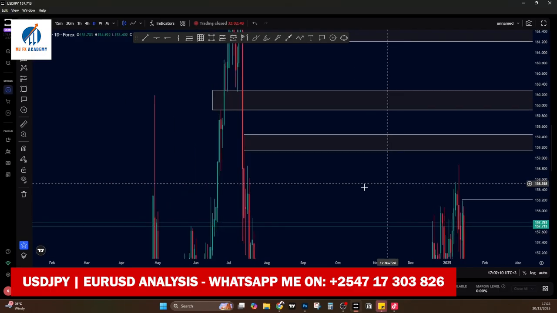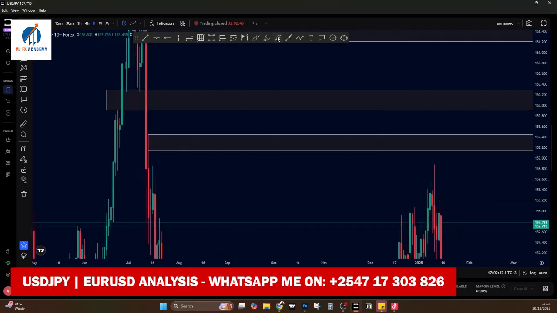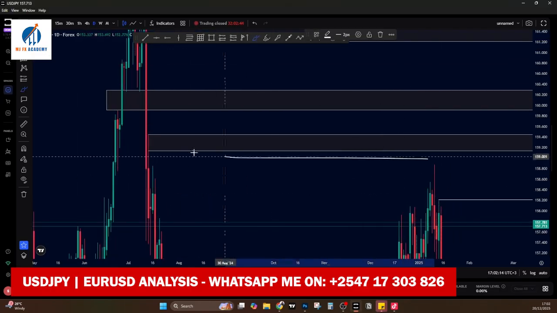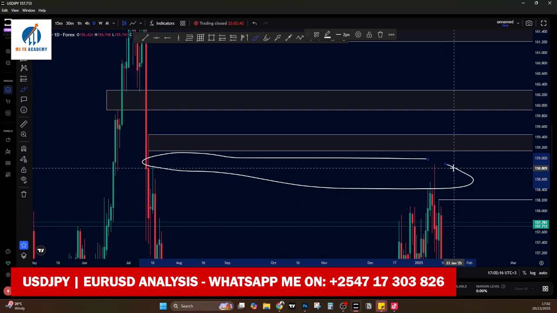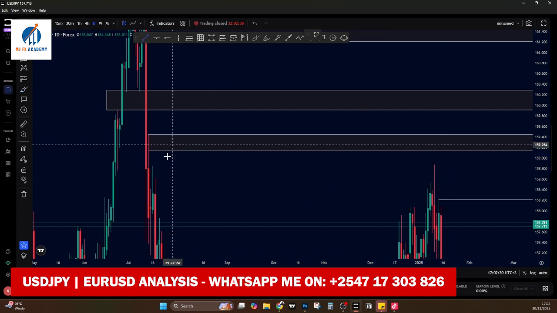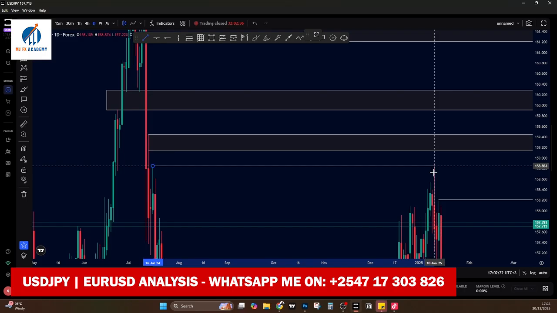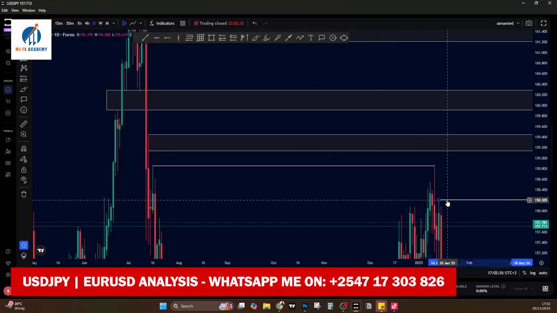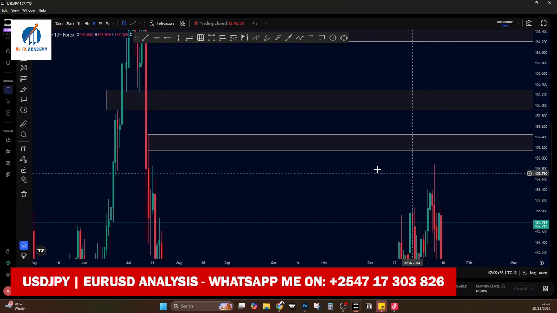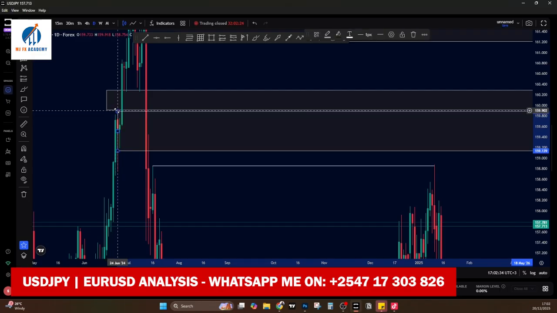So yeah, because these are relative equal highs, and of course I know you know that when we have something like this, the market will come and take them. So I believe now this will be our liquidity, this one, instead of this. We have to look for something that is above liquidity.